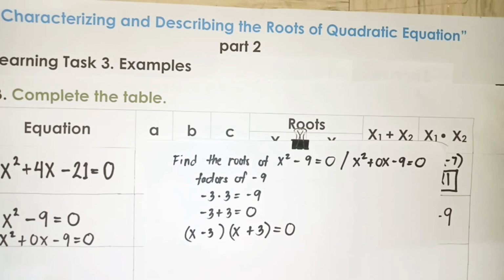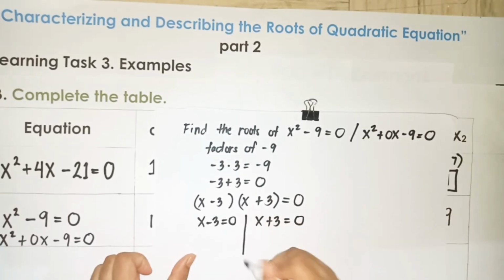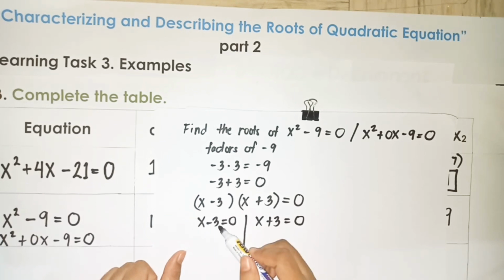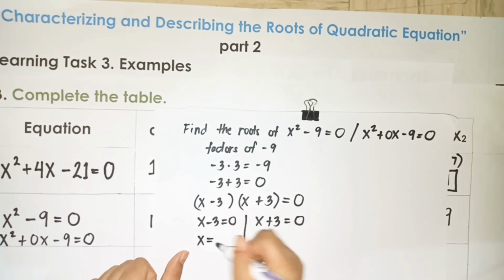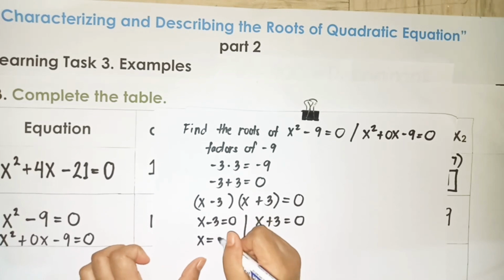So, let's use the zero product property. You can do transpose or add both sides positive 3 para mawala po yung negative 3 dito and matira po yung x kasi we're going to find the value of x. Or just change the sign. So, negative po ito, magiging positive.